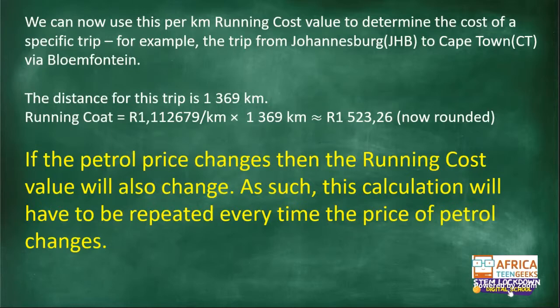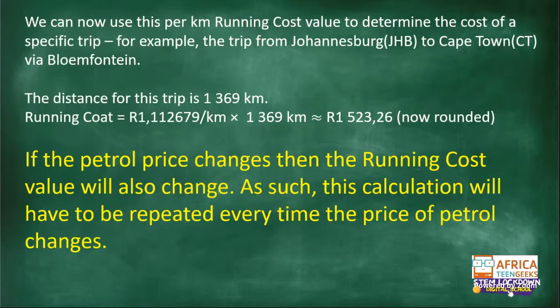So this actually means that you can multiply that entire amount, 1.112679, by the total distance from Johannesburg to Cape Town, which is 1,369 kilometers. And of course, you will get approximately 1,523 rands and 26 cents.